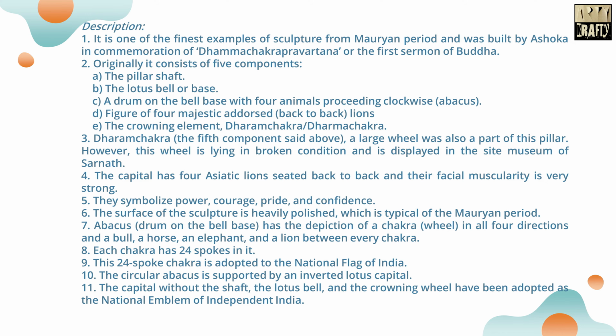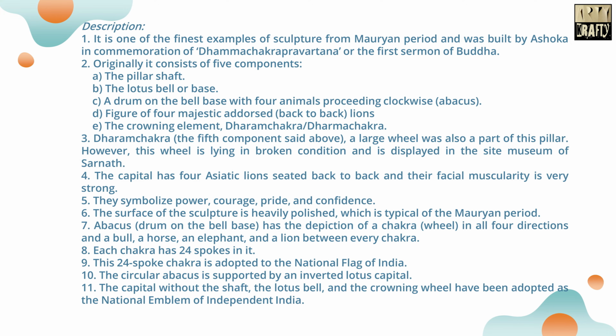Originally, it consists of 5 components: the pillar shaft, the lotus bell or base, a drum on the bell base with 4 animals proceeding clockwise, figures of 4 majestic addorsed back-to-back lions, and the crowning element Dharmachakra.